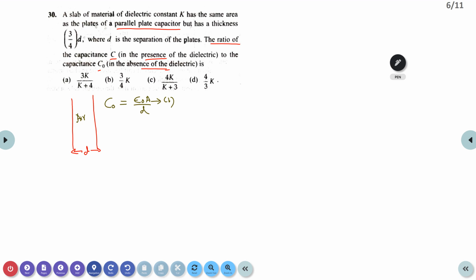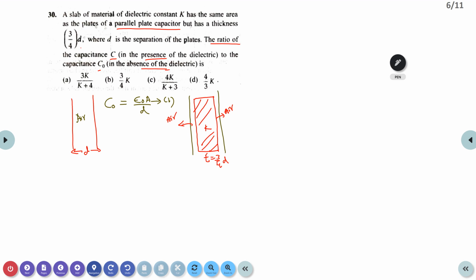Now this capacitor is filled with some dielectric material. What is the thickness? 3/4, 75% is filled here. This is filled with the dielectric constant, and this thickness equals 3/4 of D. The rest is filled with air. Here also air.